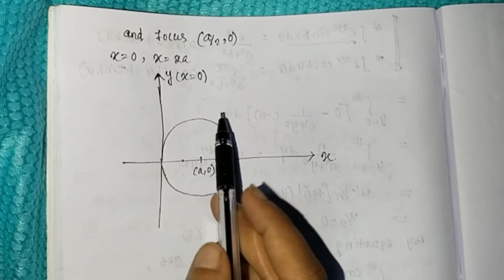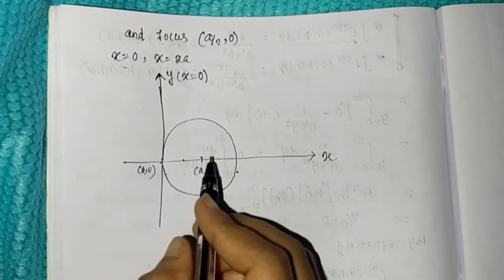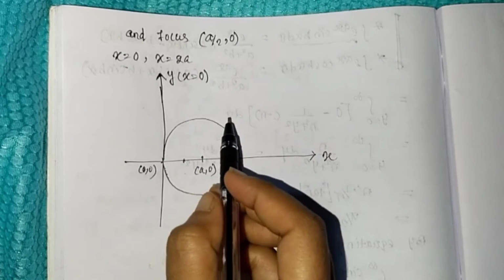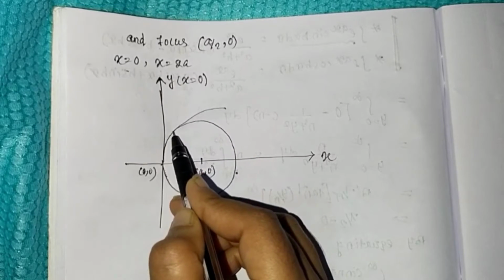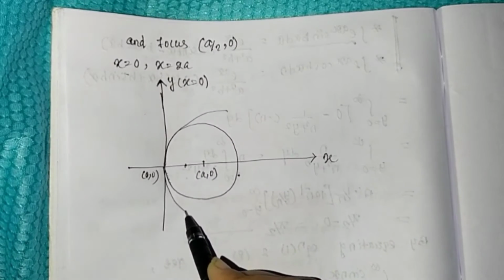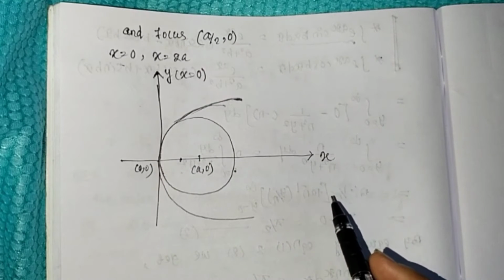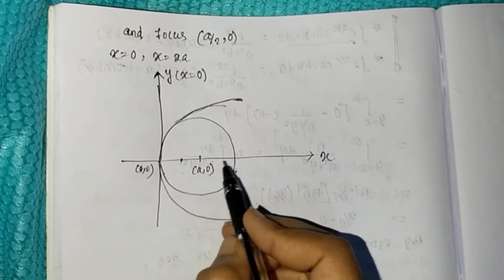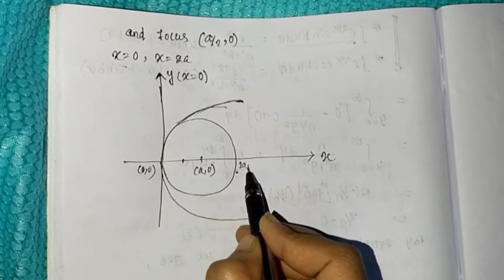So our vertex is 0, 0. So the 0, 0 vertex is here and the focus is here. So our parabola must be this. Next, here this is our a, 0 and this is our 2a, 0.